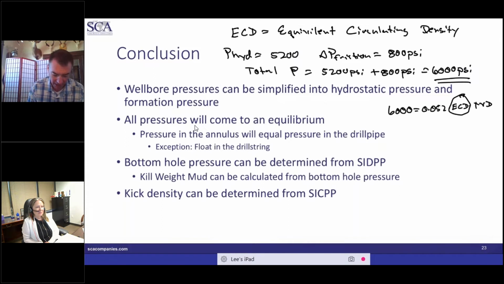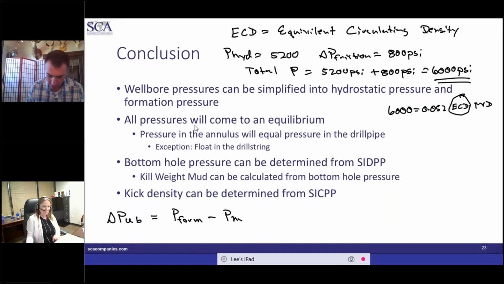So if I said delta P underbalanced, I just call that UB for now, that would equal P formation minus the hydrostatic pressure. And this would be under static conditions.